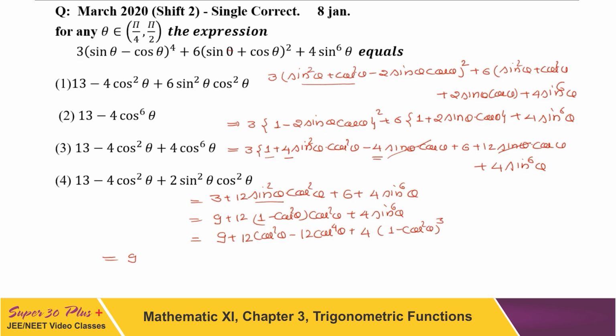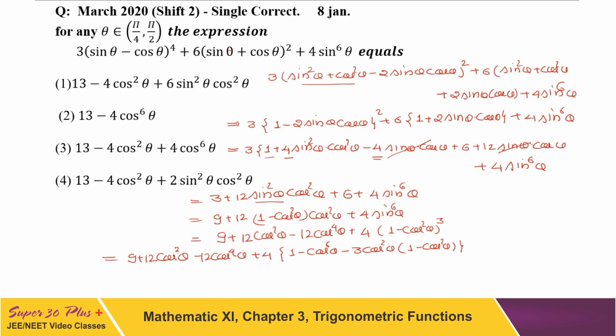It is 9 plus 12 cos²θ minus 12 cos⁴θ. Now we have to apply the formula of (a − b) whole cube. It is a³ minus b³ minus 3ab(a − b).